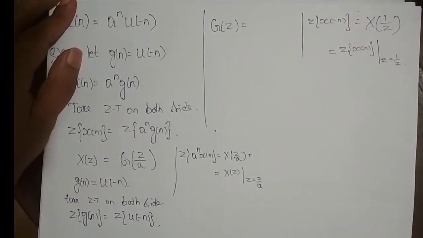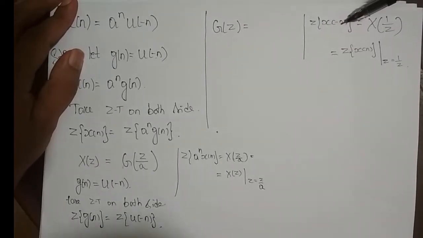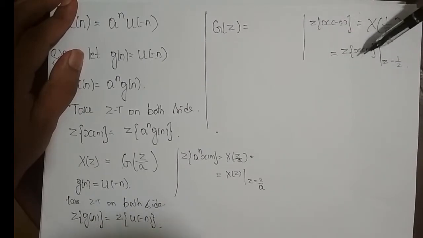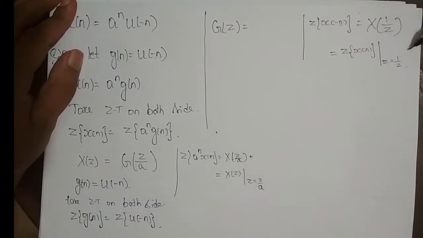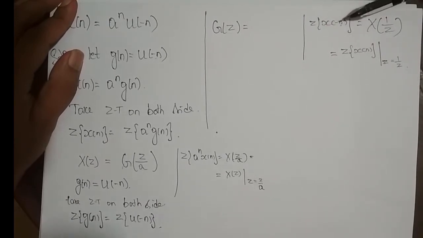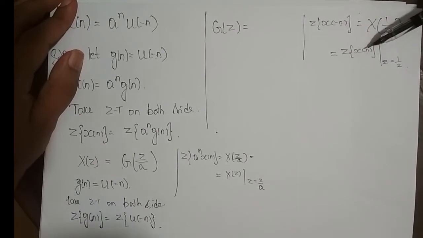In the sense, if I want to take the z transform of the reflected version of the signal, it is nothing but the z transform of the unreflected version of the signal, and in that equation I have to replace z by 1 by z. I repeat again, the z transform of the time reflected version of the signal is nothing but the z transform of the unreflected version of the signal, that is X of z.